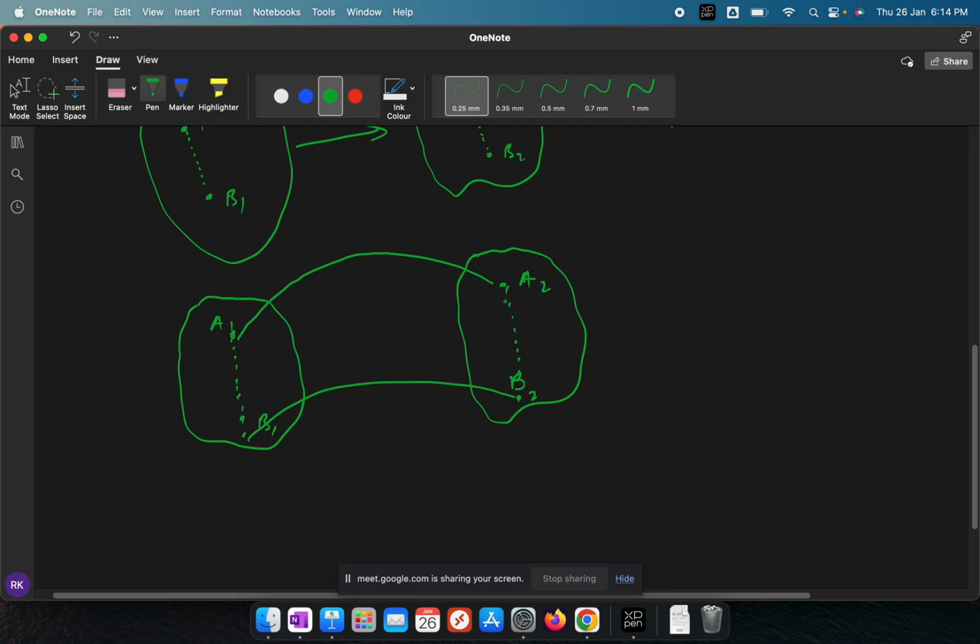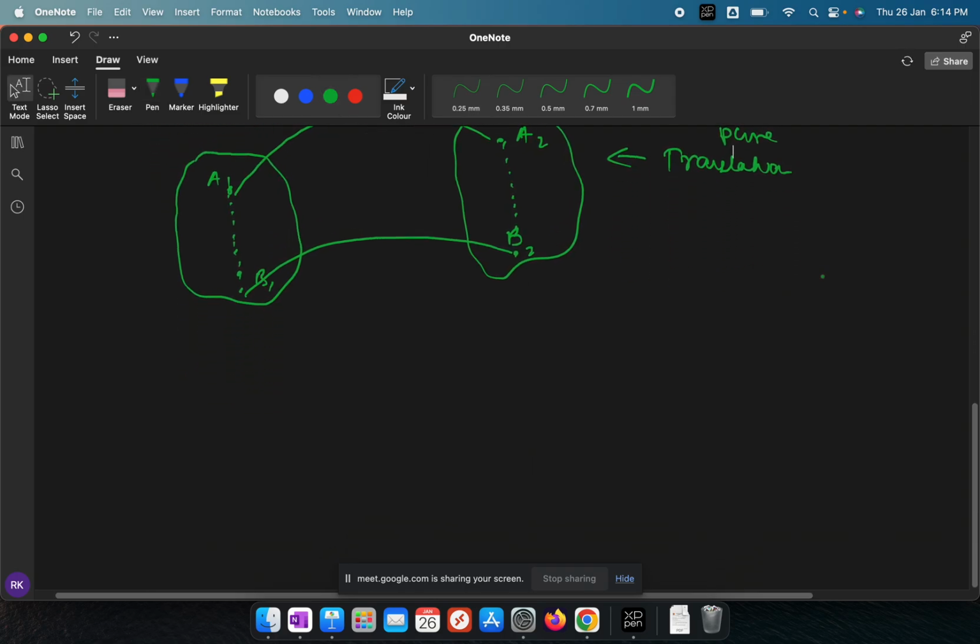But the main condition is that the orientation of this imaginary straight line remains the same. So it is also a case of translation, pure translation.